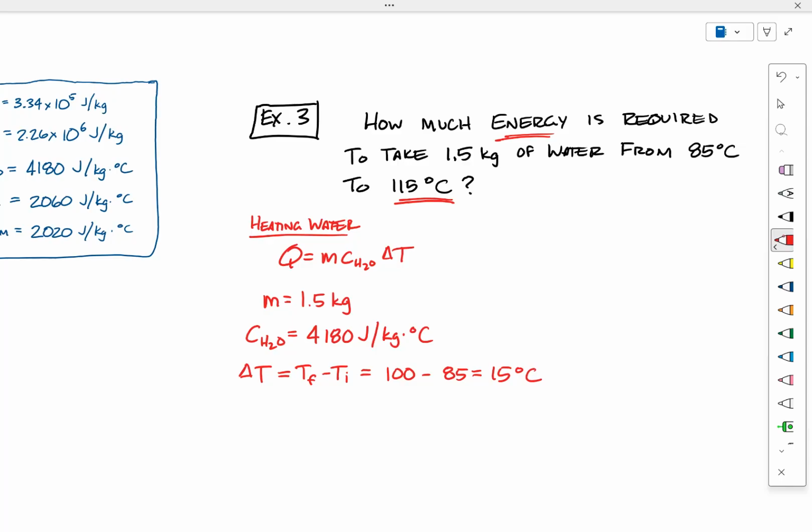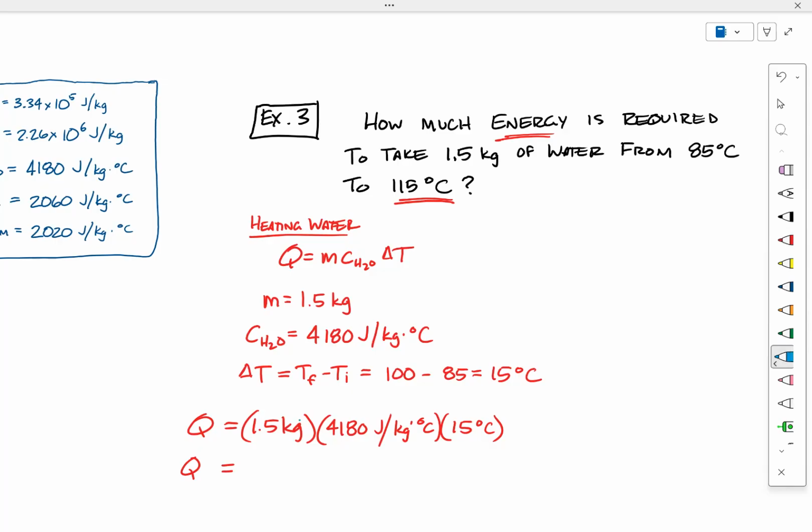And we'll calculate the heat, that's Q, for that part of the process by taking 1.5 kilograms times 4,180 joules per kilogram degree Celsius. And then the temperature change to get to the boiling temperature was 15 degrees Celsius. This will give us the first section of our heating process.